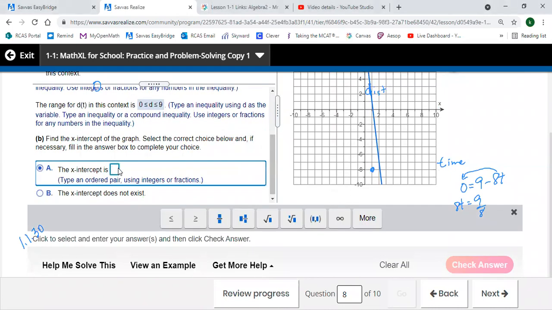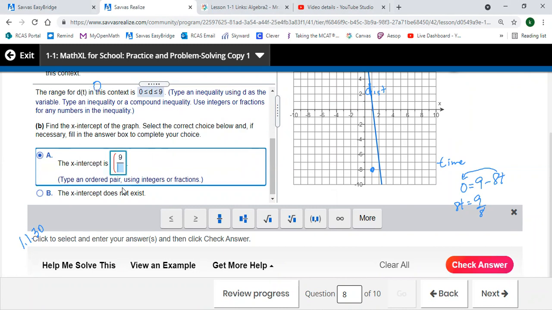All right, so it says ordered pair. You always end up getting in a hurry and not doing what it says. So that was a 9/8. Arrow to the right to get out of that fraction, comma 0. Close that off. There's my ordered pair.